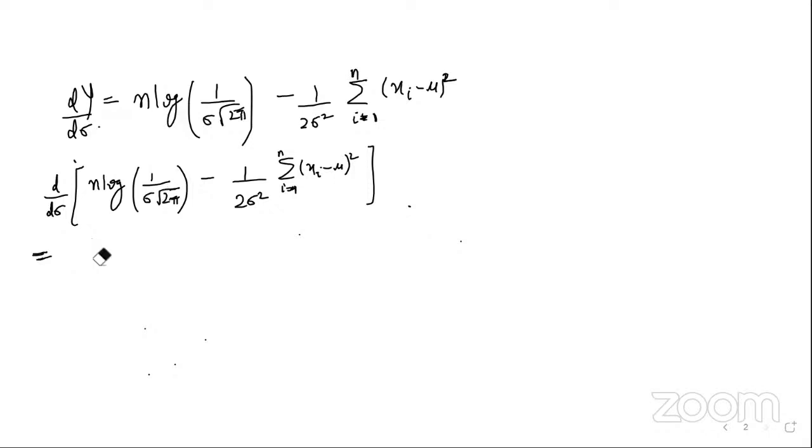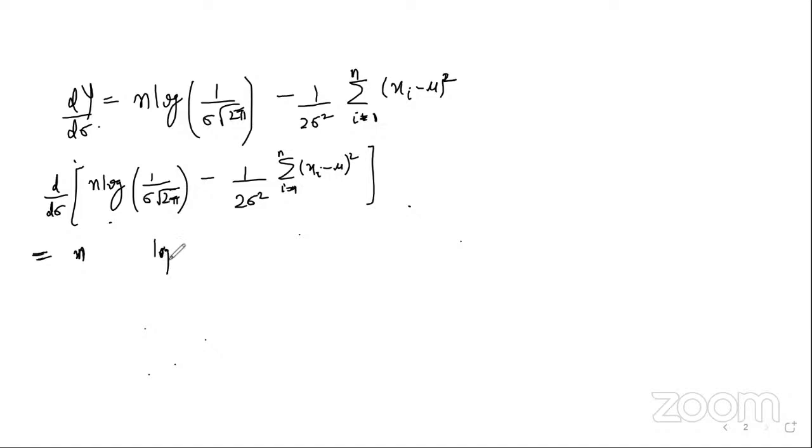So derivative of log is 1 by x, but can you break it now like n log 1 minus n log sigma root 2 pi? Can we use the formula of log m by n equals log m minus log n?